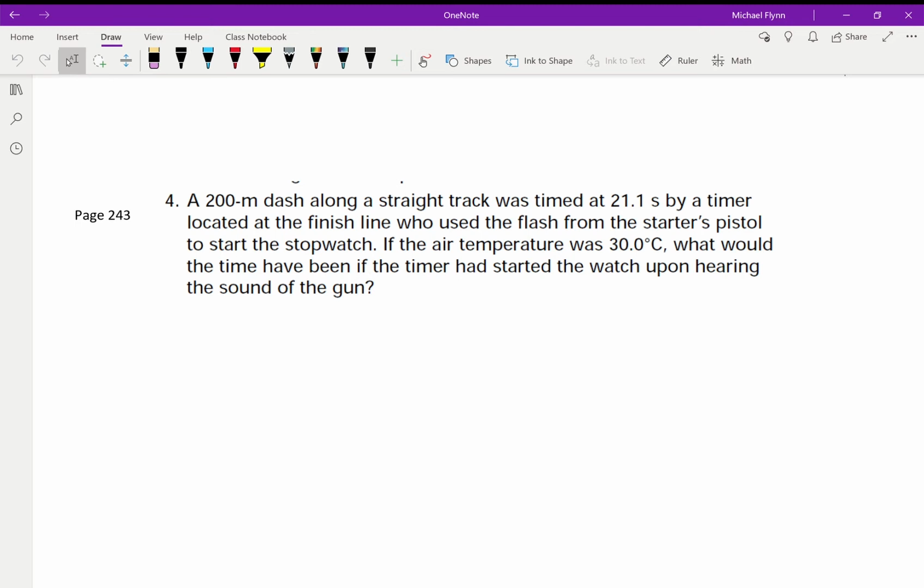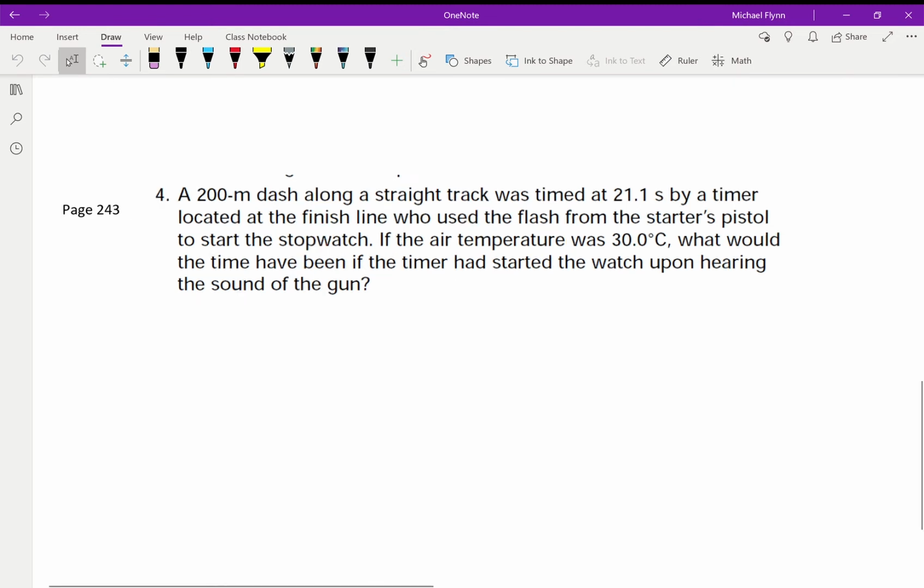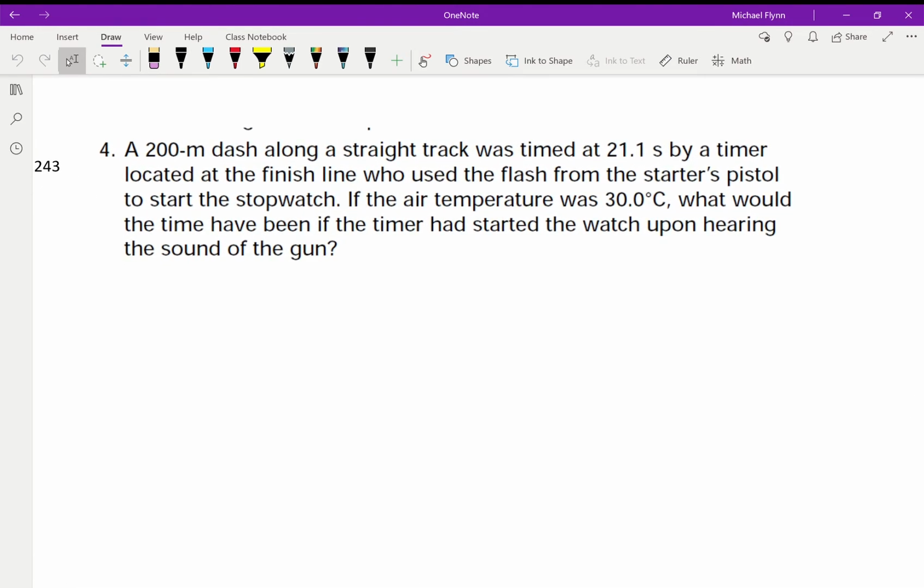So to do a question like this, it says, what would the time have been if we use the sound of the gun instead of the flash of light? So look, what you do is you go like this. First, we need the speed of sound in air. And there's a formula on the formula sheet, 332 plus 0.59 times the temperature. So you just go ahead and use that.